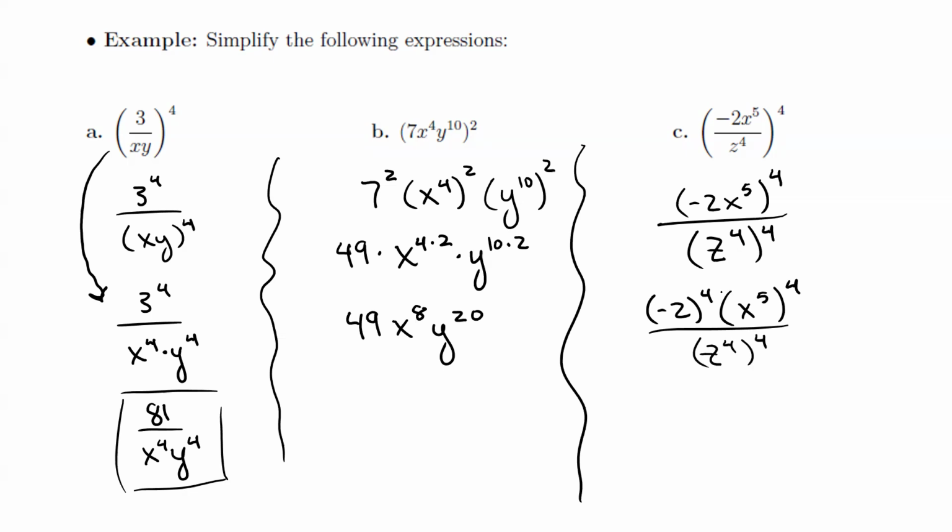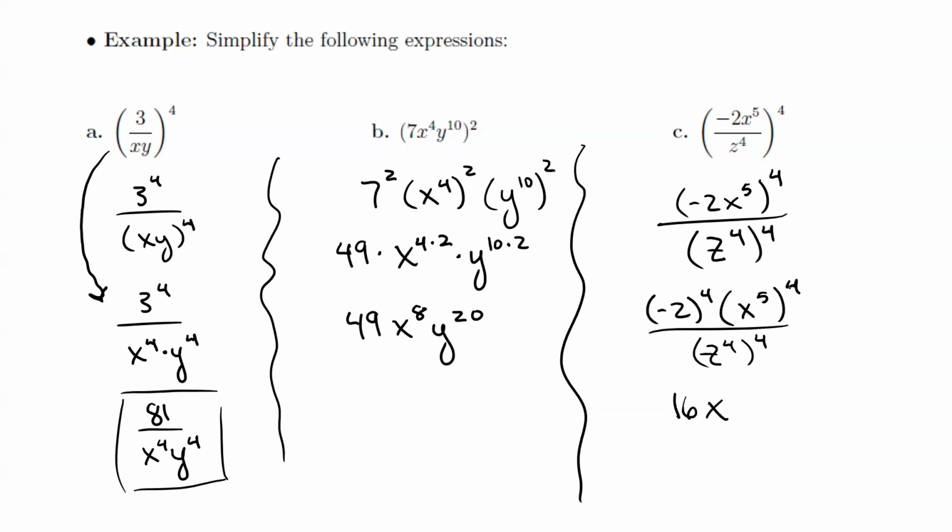So I'll put the 4 to each of those individually. And then negative 2 to the fourth, that's something I can compute, right? Use my calculator or in my head, that's fine too, to get positive 16.